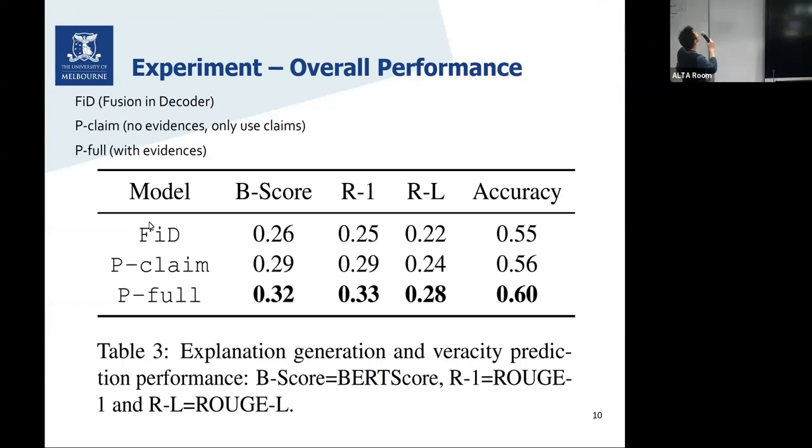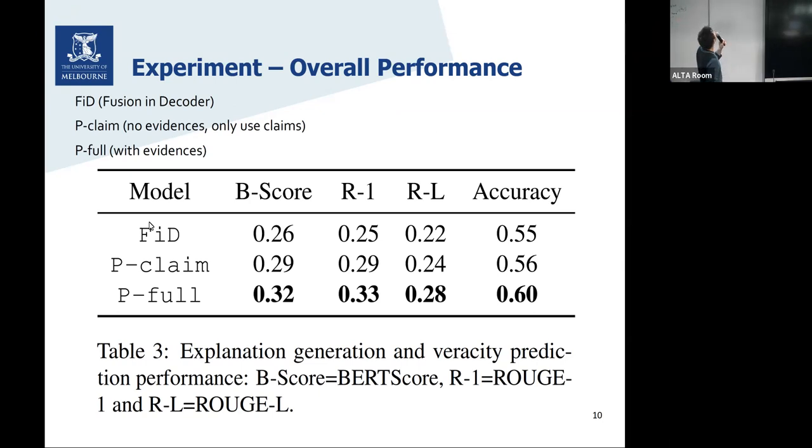So let's first take a quick look at the overall performance. We are using BERTScore, ROUGE-1, ROUGE-L, and accuracy as automatic metrics. FiD represents the Fusion-in-Decoder, which is the baseline model. I'll tell you more in the poster session. P-claim means that we are only using claims without evidence, to see how PRIMERA works on this.